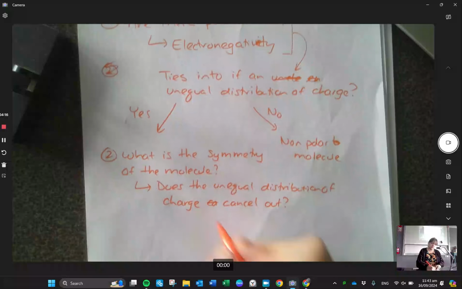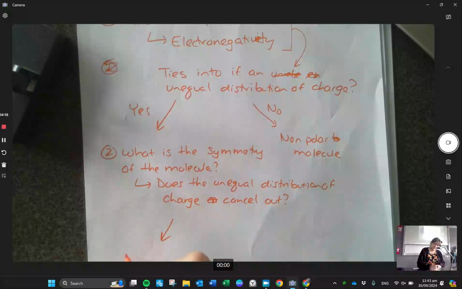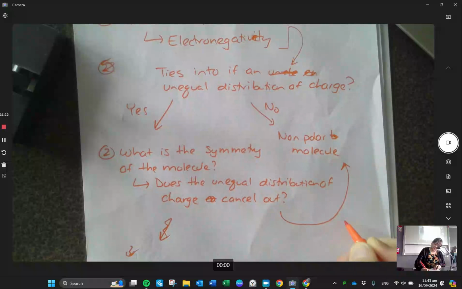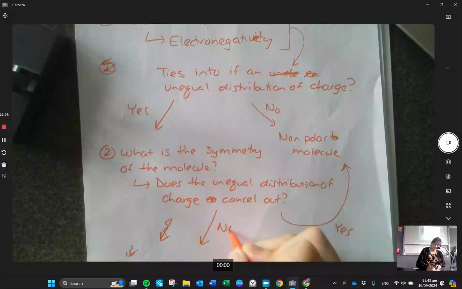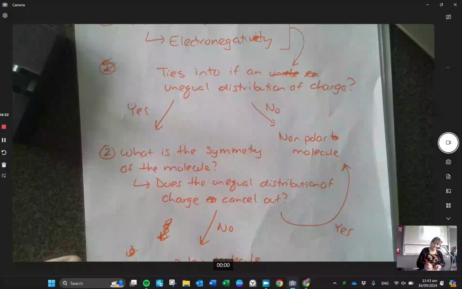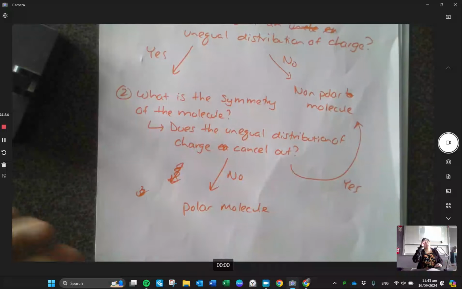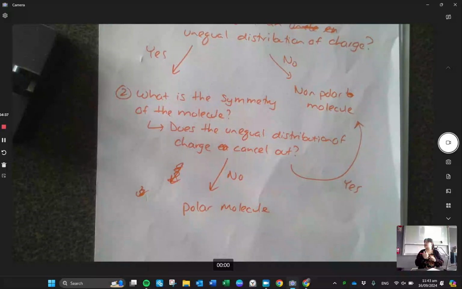If it's yes, then it's a nonpolar molecule. And if the answer is no, then it is a polar molecule. So those are the layers we're thinking about when we're justifying our answer. I'll go through and break down each one individually just so you're aware of what we're looking at, but that was the overarching idea.